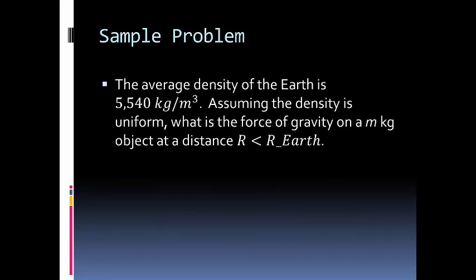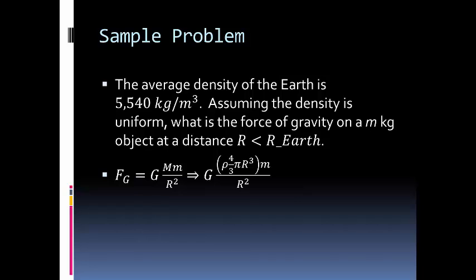Continuing with that, let's assume now that the density is uniform. What is the force of gravity on a m kilogram object at a distance r less than r Earth? Newton's universal gravity equation, force of gravity is equal to G M m over r squared, where the capital M is the mass of the planet and the second m is the same m in the m kilogram object.